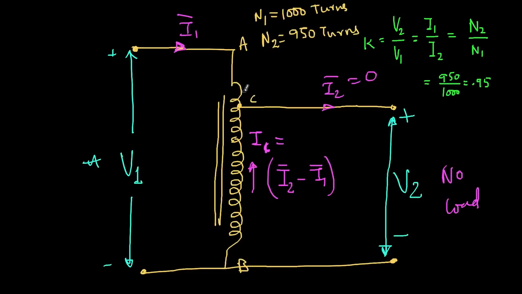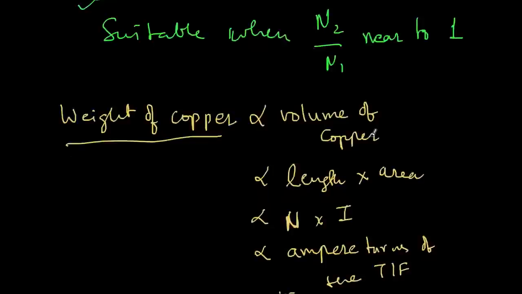So here the number of turns is N1 minus N2, and here the number of turns is N2 and the total turns is N1. So in the part of the winding N1 minus N2 the current is I1. And in the remaining N2 turns the current is I2 minus I1, as you can see here. So let me write that.